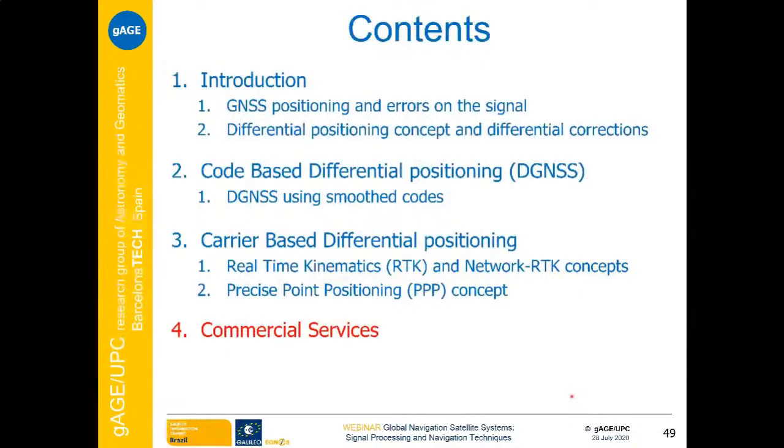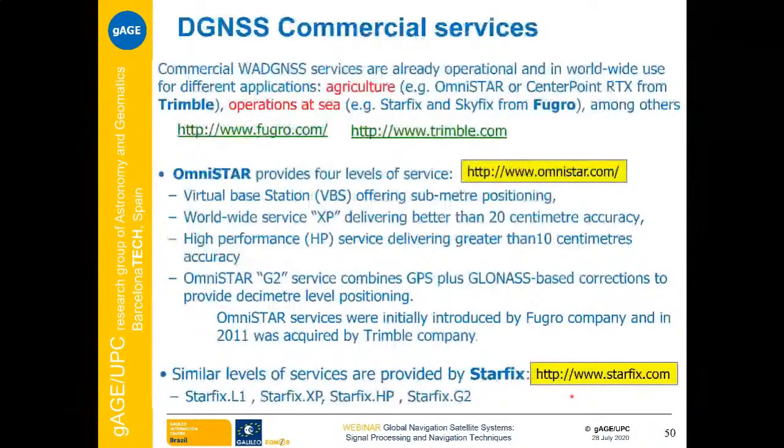Here ends the presentation of carrier-based differential positioning, and just very quickly some ideas about commercial services. I will be quick because it's a bit late. Here we have two examples. The idea is to tell that there are service providers that are computing these differential corrections for commercial users.